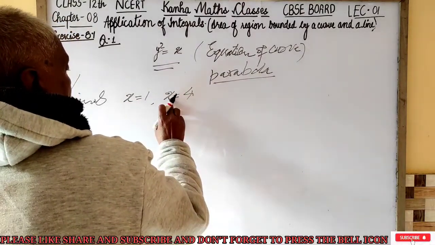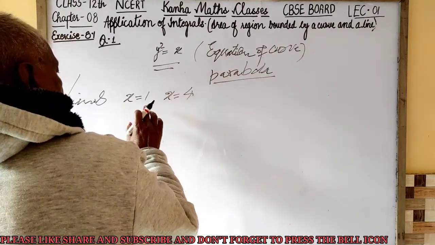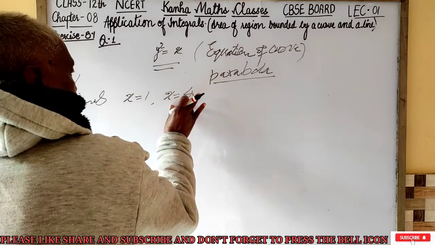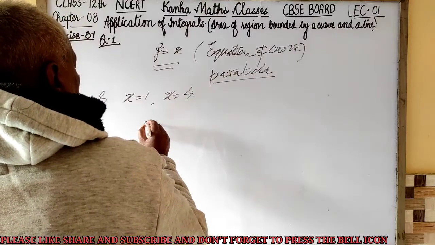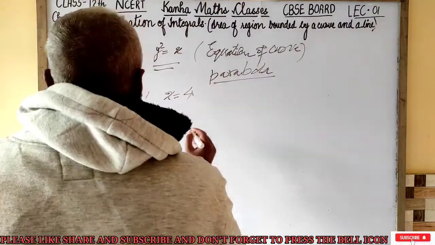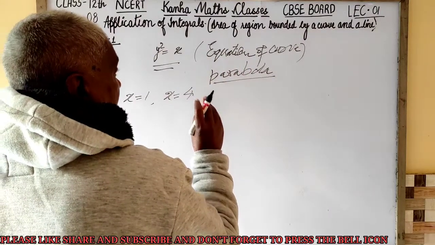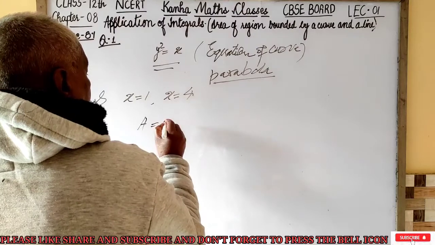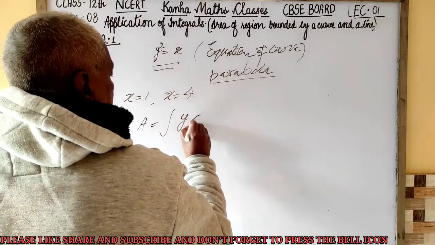We will utilize these as the lower limit and upper limit of the definite integral. Hence, if the area of the concerned region is A, then A will be equal to the integral of y dx.